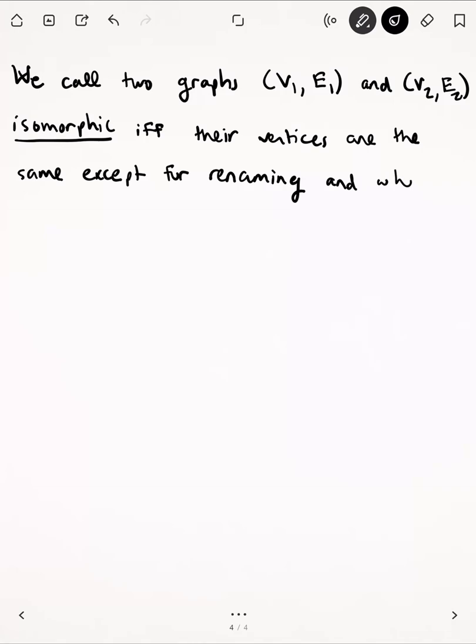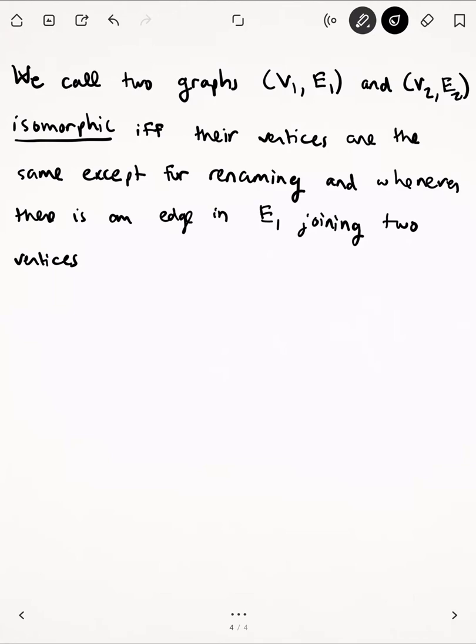And whenever there is an edge in E1 joining two vertices, there is a corresponding edge in E2. Okay?